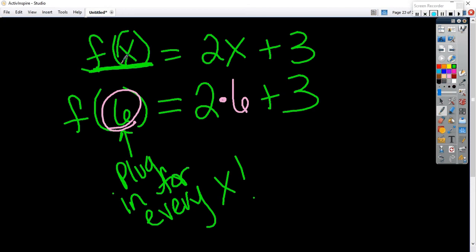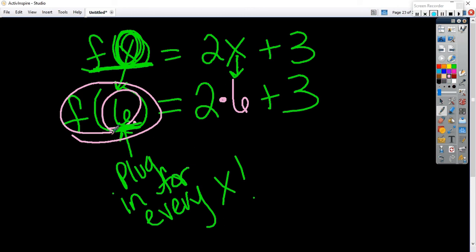So I replaced the x with 6 here, then I'm going to replace this x with 6, because what's in parentheses is what you're going to replace the x with. The problem would say if f of x equals this, then what is f of 6?